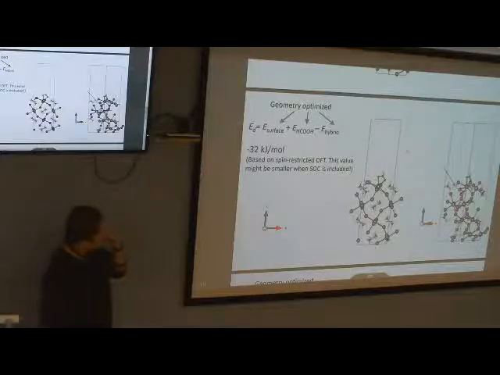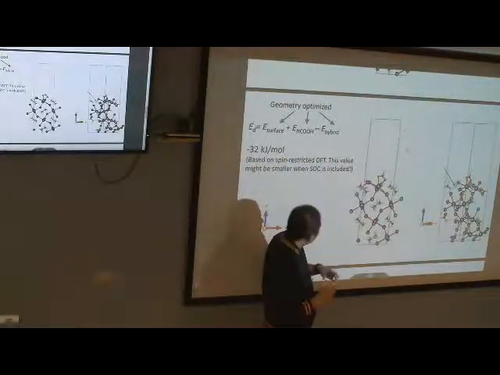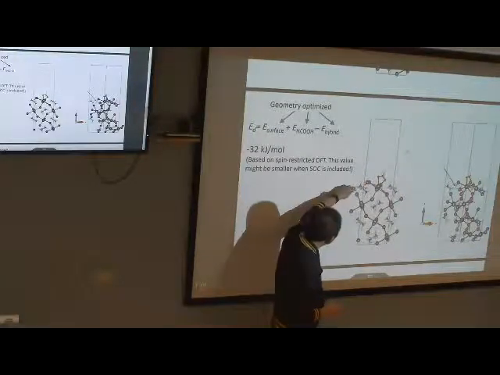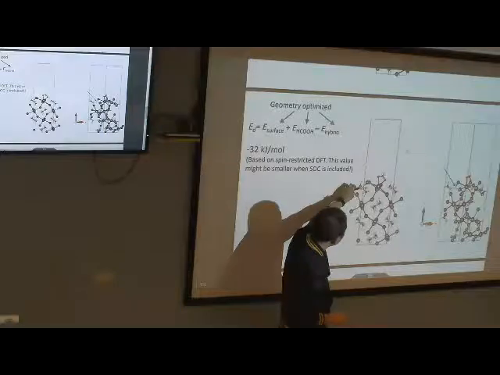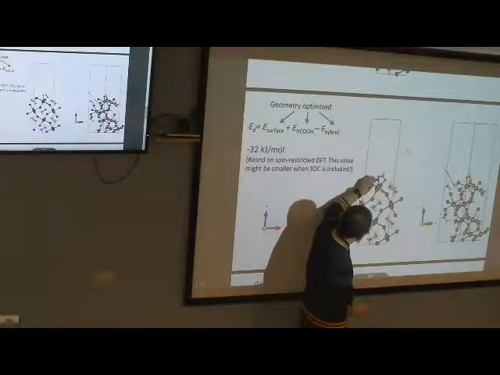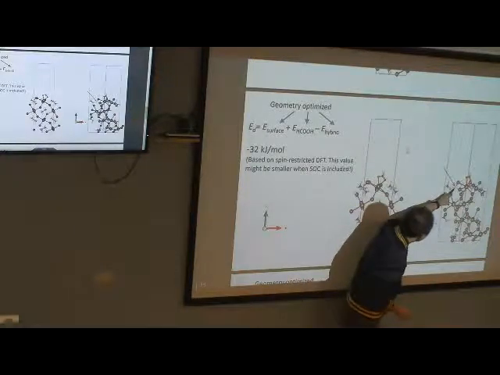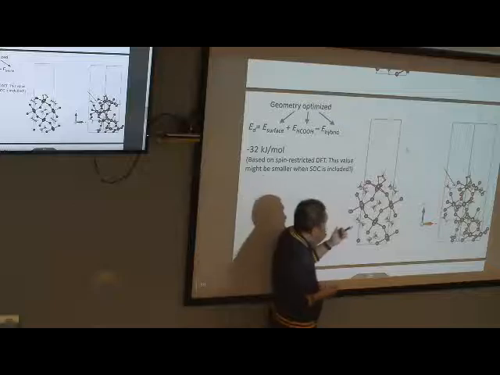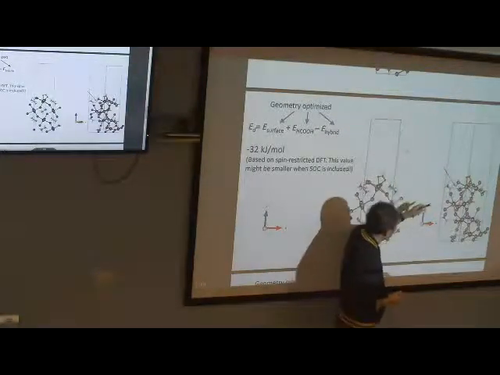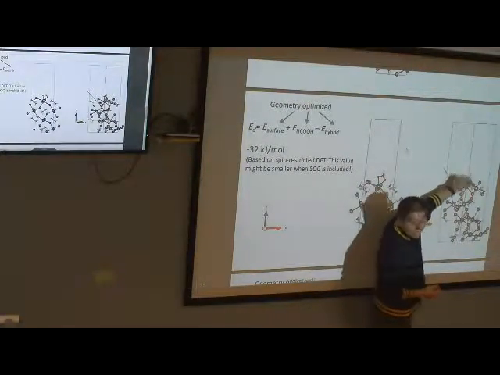Okay, so for this one, I just placed a hydrogen into this position, very close to iodine. And here this is the hydrogen. So I also tried another configuration by adding hydrogen right here. Then after geometry optimization, it just goes to the formate.